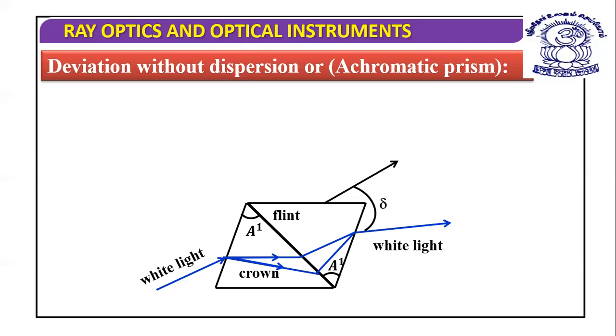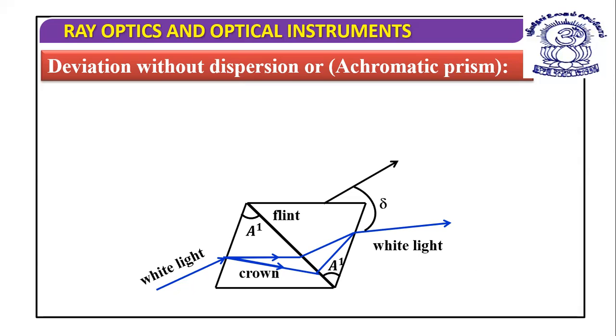We have taken two glass prisms. The white light is incident on prism 1, the crown glass prism. It is divided into its 7 constituent colors. When it is incident on another, flint glass prism, after recombination, finally we will have white light.